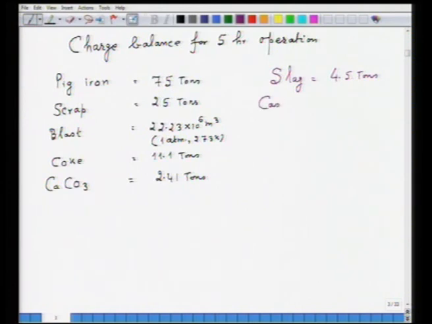Cast iron, that will be equal to 98.8 tons, and gases, that will be produced 23.48 into 10 to the power 6 meter cube, measured at 1 atmosphere pressure and 273 Kelvin.